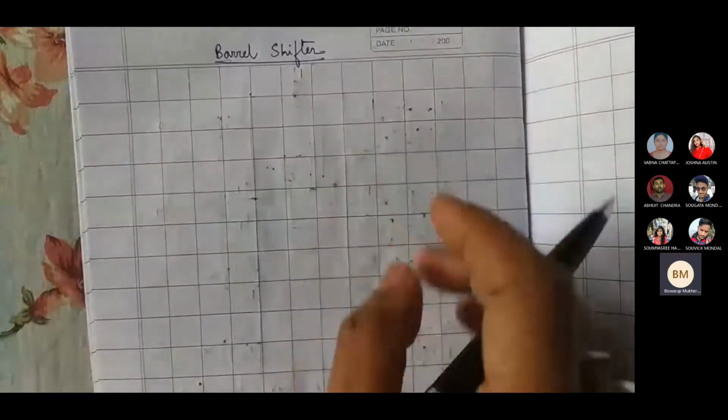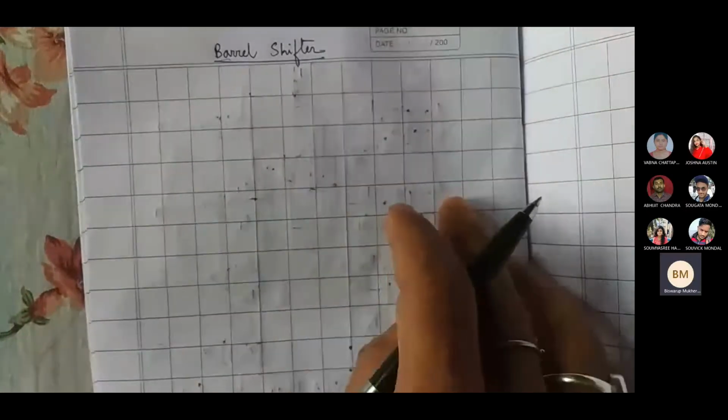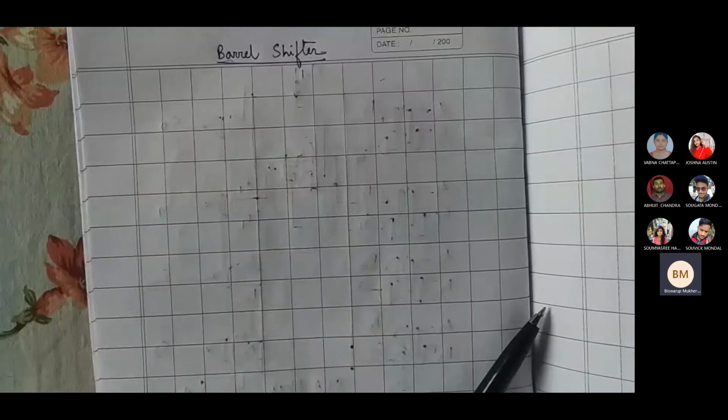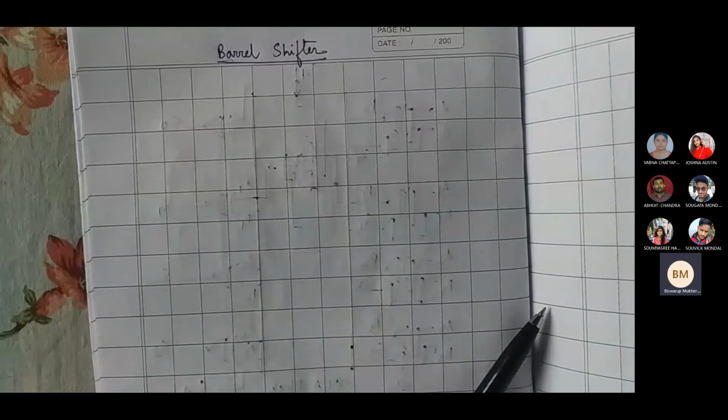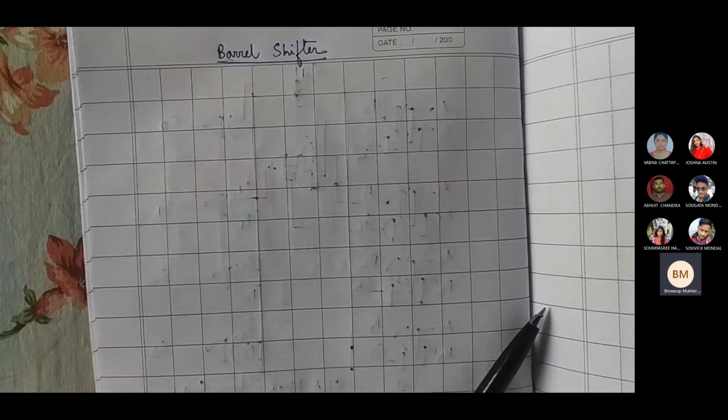Shifting generally comes with the term sequential circuit, যেখানে সময়ের রেসপেক্টে শিফটিং করানো হয়, with respect to time we shift the data. But barrel shifter is such a kind of circuit for which we shift in a combinational way. That means the circuit is a simple MSI chip circuit.